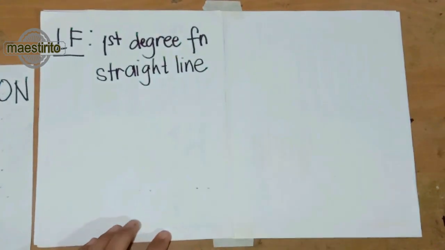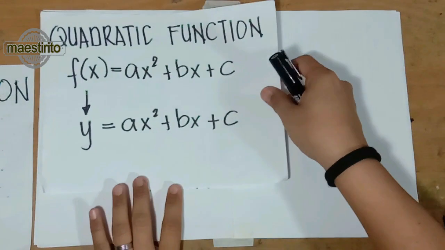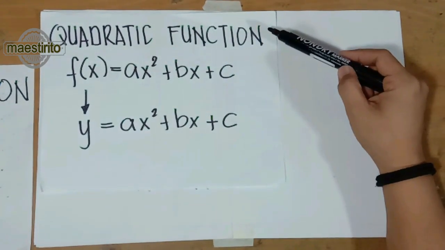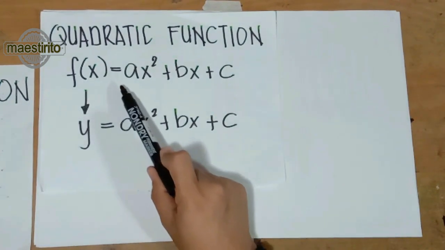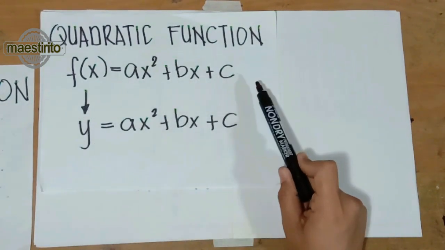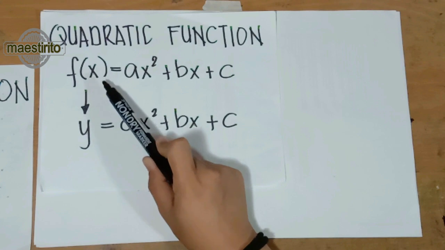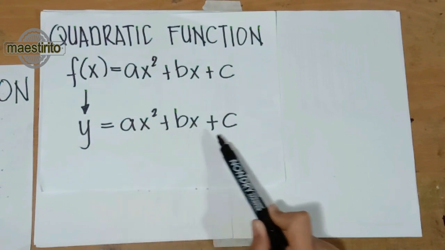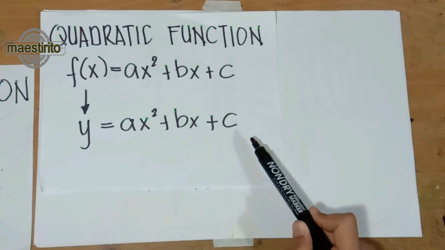Now introducing to you the next function, a quadratic function. This time, a quadratic function is in the form of f(x) = ax² + bx + c. And again, you are more familiar with y = ax² + bx + c.